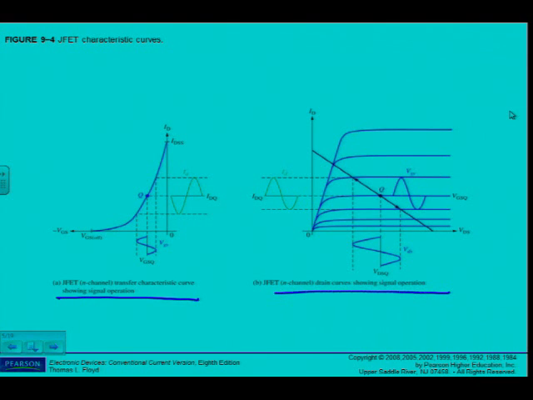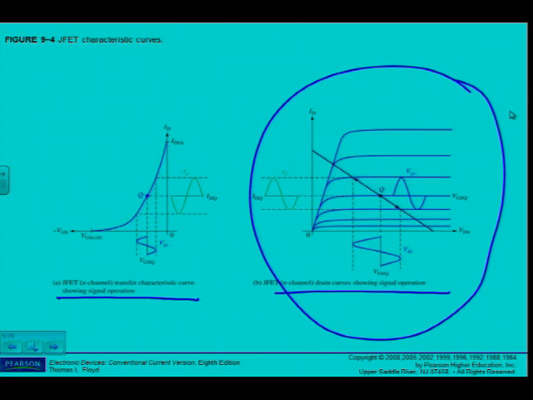Of course, this one looks very similar to the BJT we've discussed for the different IBs. Remember, as I changed IB for the BJT, then of course IC changes. In this case, of course, it's VGS that keeps on changing to change ID. It's a voltage controlled device.